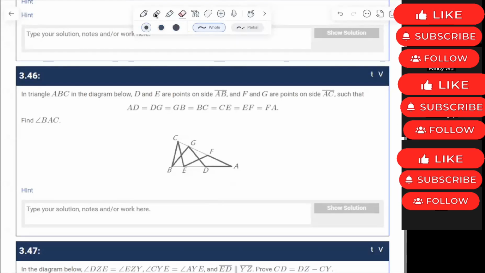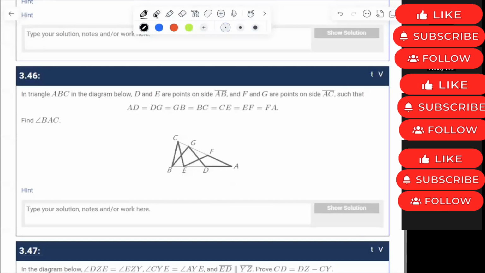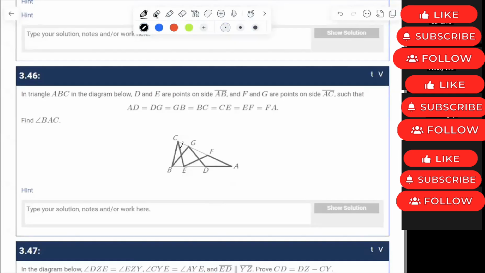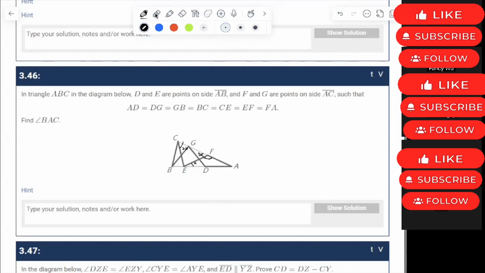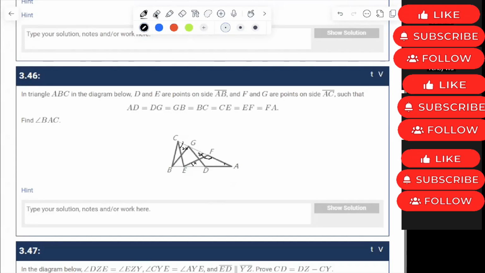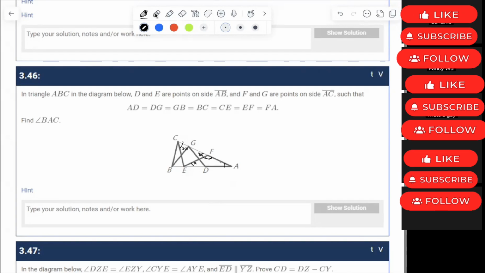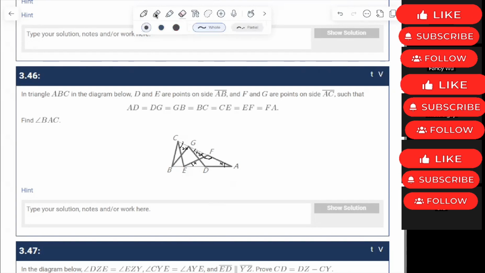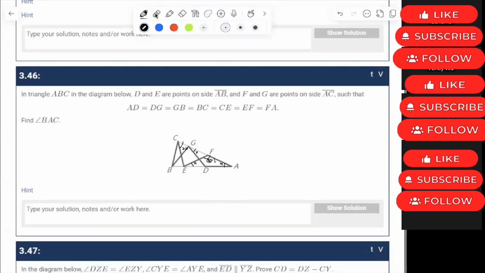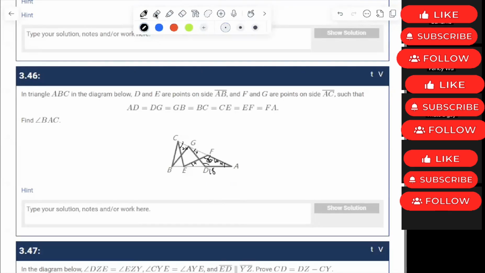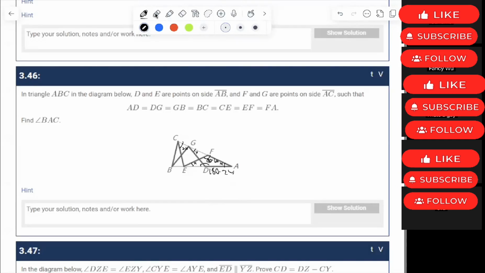We can argue similarly that since we know this is 2x, this is 2x, this is x, these sides are equal, this is x, this is x. Get a bunch of angles. This is also 180 minus 2x. This is 2x.